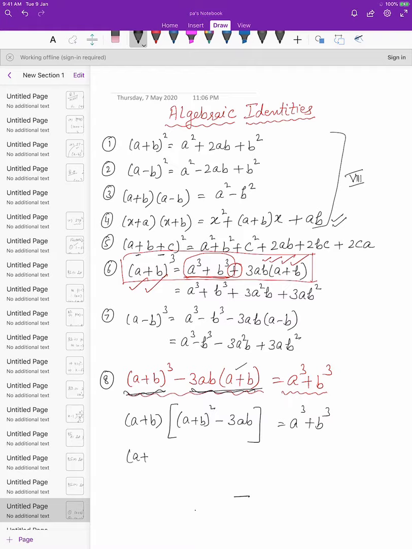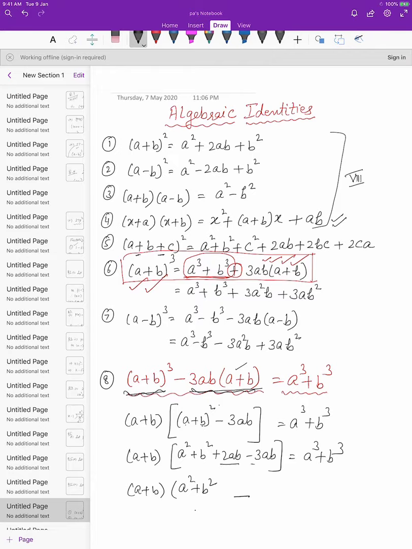Now again opening out the bracket here, if I open out a plus b whole square, what will I get? A square plus b square plus 2ab minus 3ab is equal to a cube plus b cube, or I can rewrite it as a square plus b square.